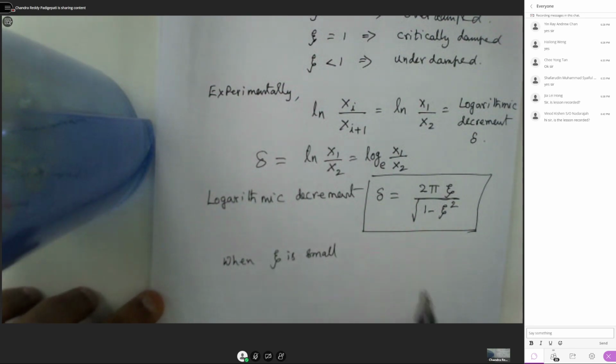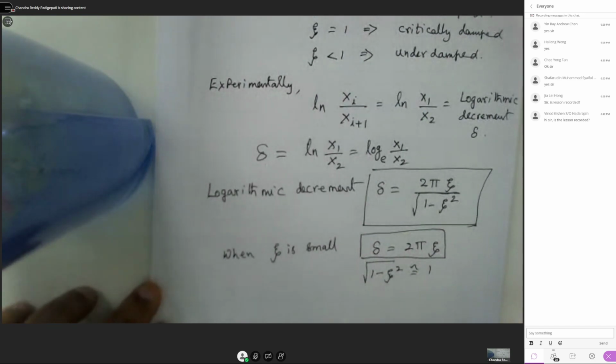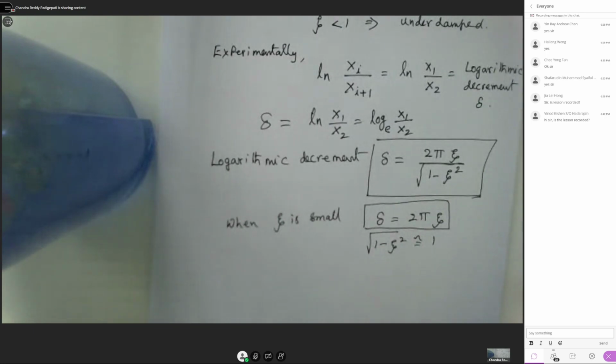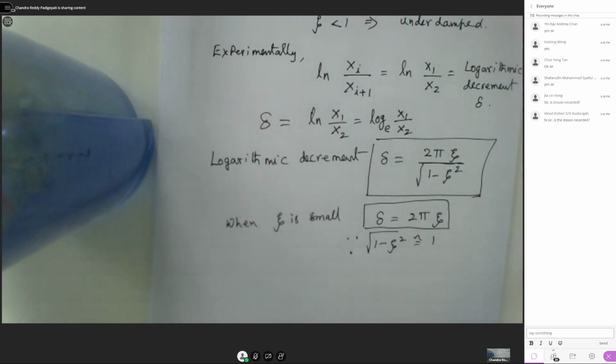When eta is small, you can simply write delta equal to 2 pi eta, because the square root of 1 minus eta square is very close to 1. So when eta is small, we can just write the logarithmic decrement delta as 2 pi into eta.